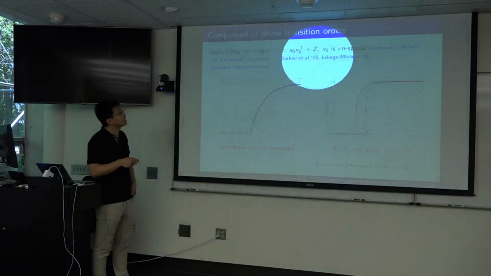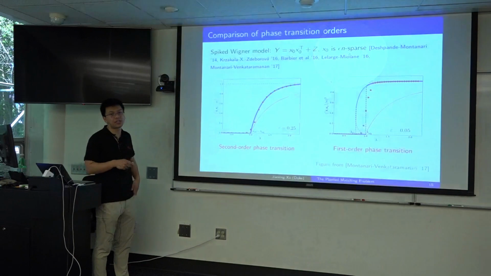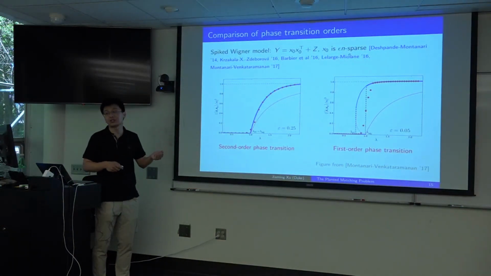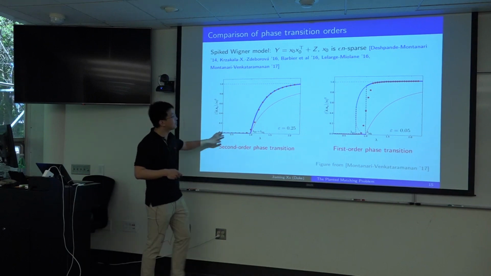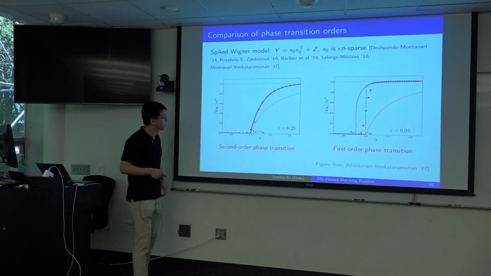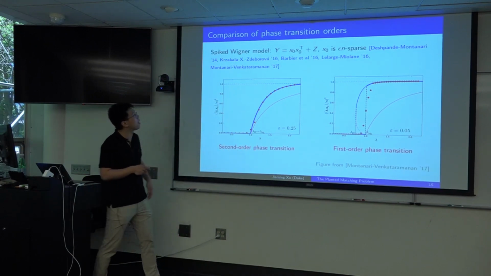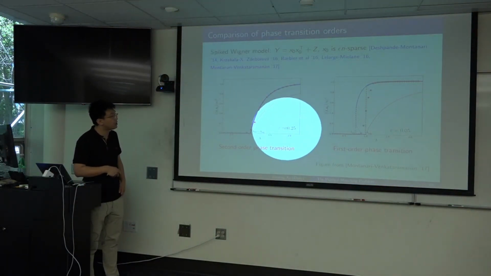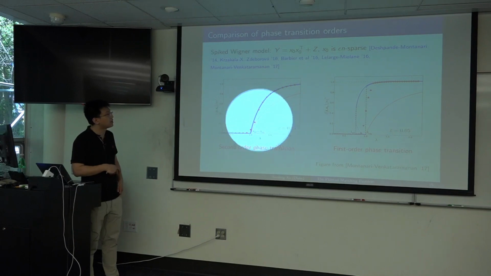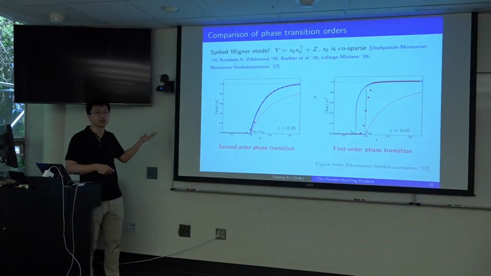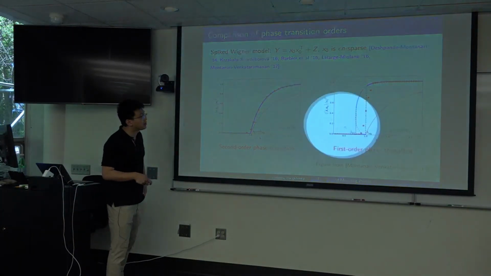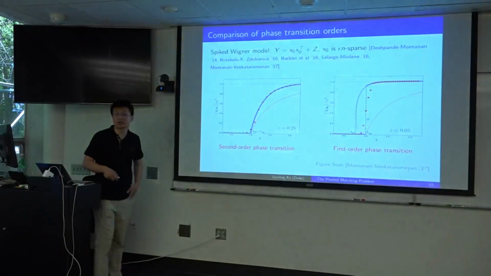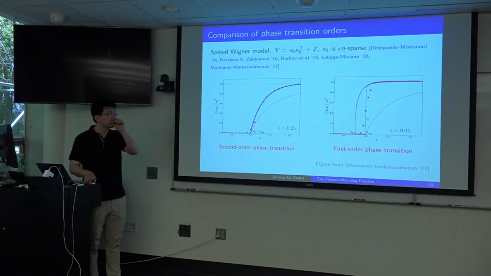You can also consider x0 to be epsilon n sparse, meaning an epsilon fraction of the entries are nonzero. And now you can have two different phase transitions, depending on how small epsilon is. When epsilon is relatively big, you still have the second order phase transition, as I showed you earlier. When epsilon is very small, you have the first order phase transition.